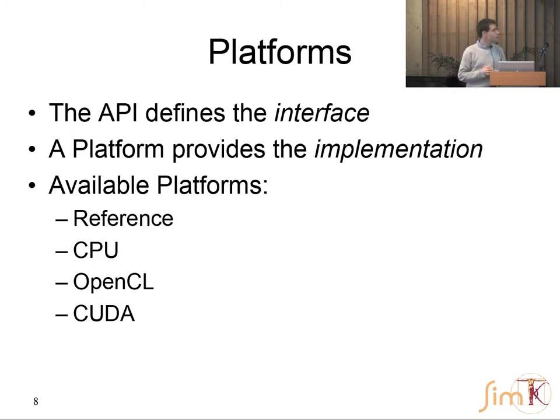The CPU platform also runs on your CPU, but unlike reference, this is actually a fast platform. It's multi-threaded, vectorized code, etc., so it actually tries to be fast. And then we have OpenCL and CUDA platforms for running on GPUs. And OpenCL can also run on CPUs.